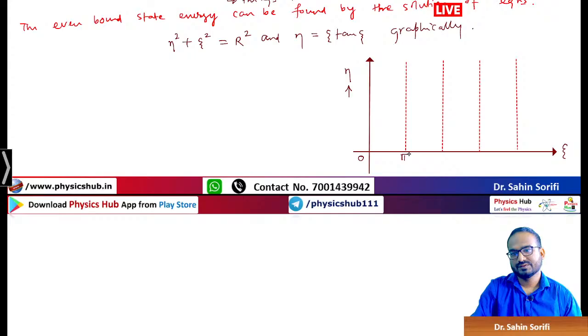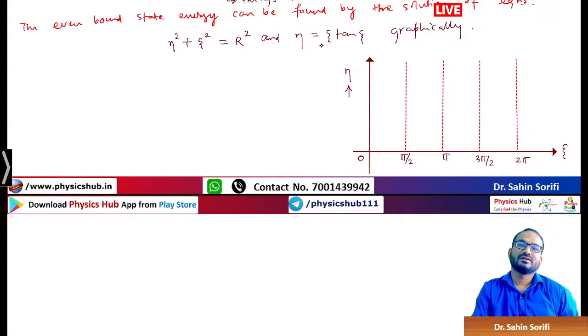So this is 0, this is pi by 2, pi, 3 pi by 2, 2 pi, and so on. Is it a straight line equation? Look, actually there are two equations. One is eta is equal to xi tan xi. Another, eta square plus xi square is equal to r square. This is a circle. That one is a tan function, and you know how it looks.